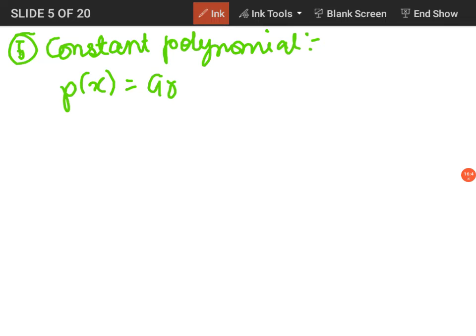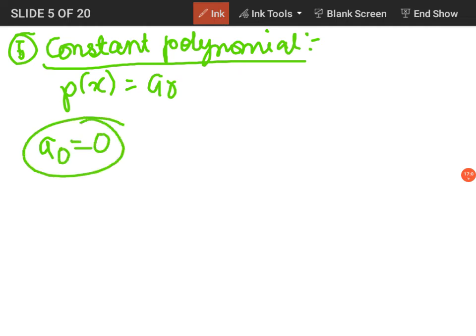Now you can check the conditions, right? So a naught is a constant, and we are talking about a constant polynomial. For an instance, I am ignoring the fact that a naught can also be equal to 0. I am not taking that condition right here, because that is another type of polynomial that we are going to discuss right after this type.